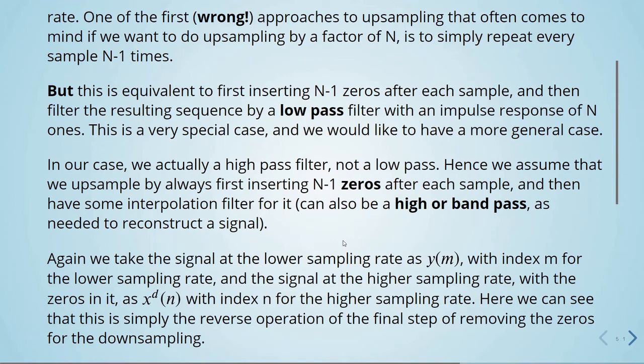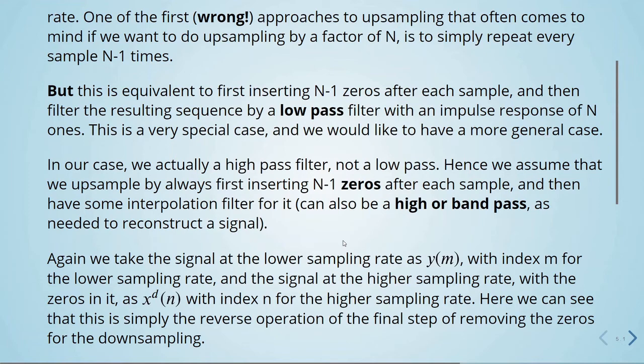So what we do is we take the signal at the lower sampling rate. This was the y of m. The index m is indicating the lower sampling rate, and then the signal at the higher sampling rate with zeros in it was the x superscript d of n, with index n indicating the higher sampling rate.